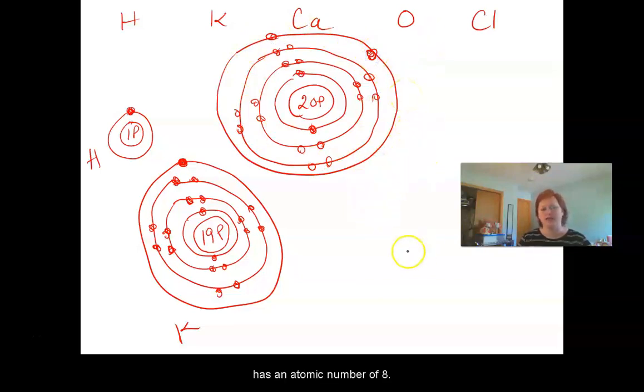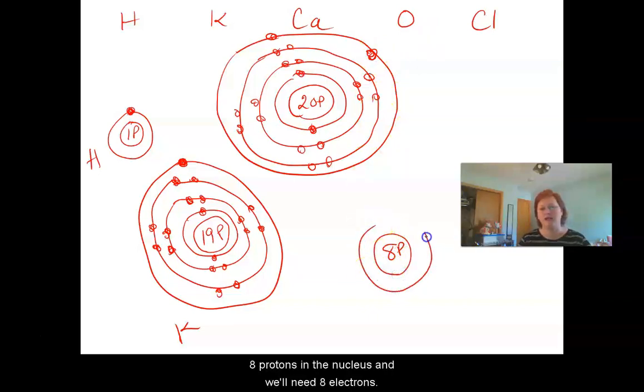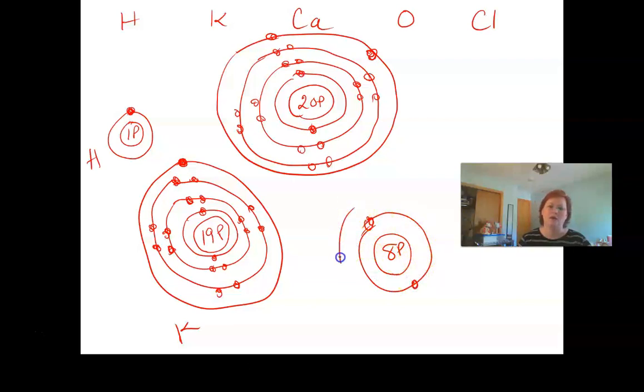Oxygen has an atomic number of 8, so we will have 8 protons in the nucleus, and we will need 8 electrons. So that's 1, 2, 3, 4, 5, 6, 7, and 8.